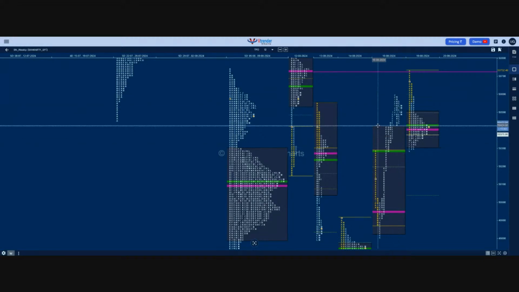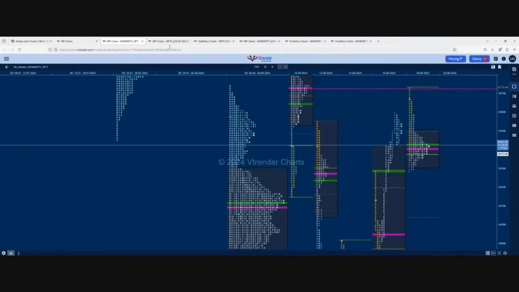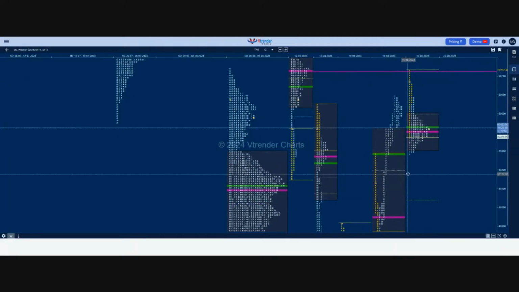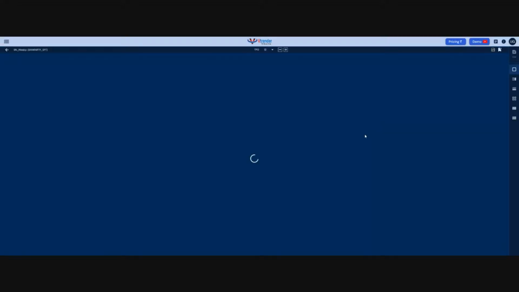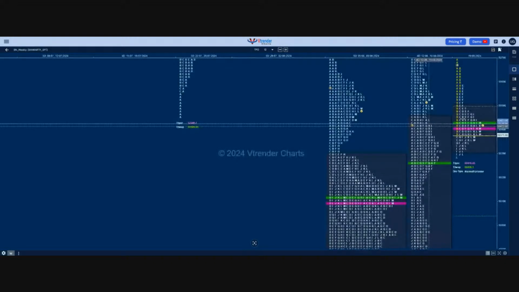So after this, if we see what has happened today, we stalled right at that VPOC of last Monday, which was at 5730. So the high of today in Bank Nifty was right there, and we left an A period selling tail.